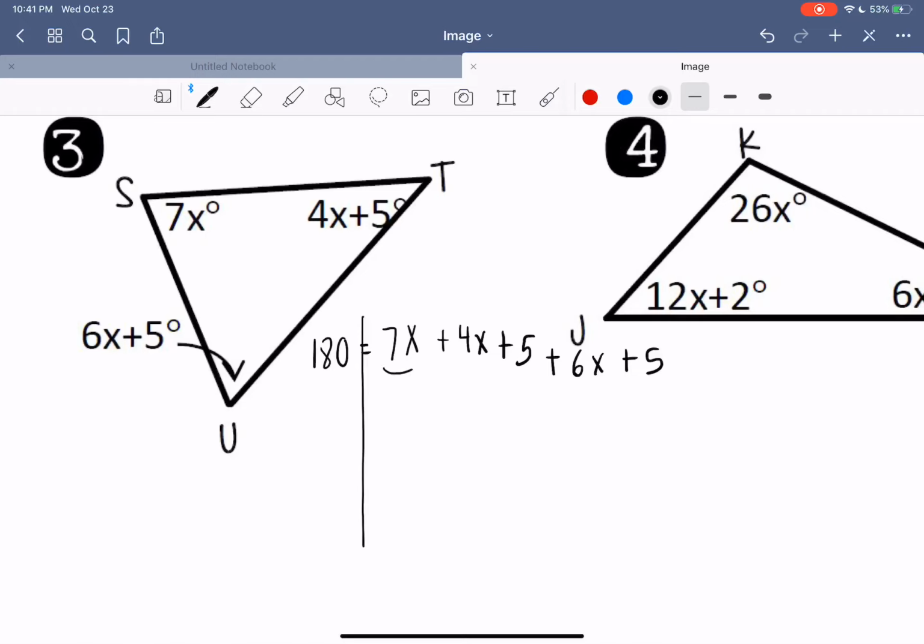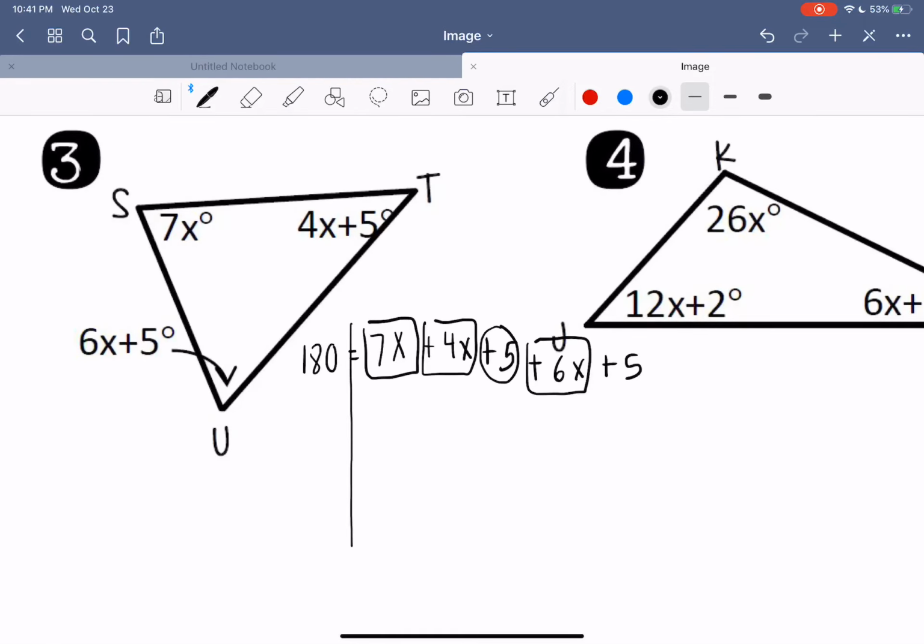So we have a variable, and I'm circling. Hold on. We're boxing our variables, and circling our constants. So we're going to go ahead and combine the ones on the right that we can.